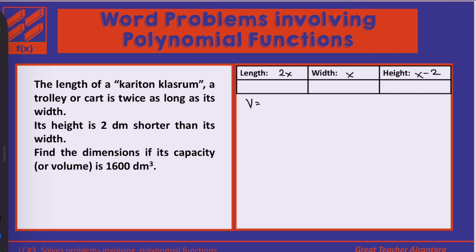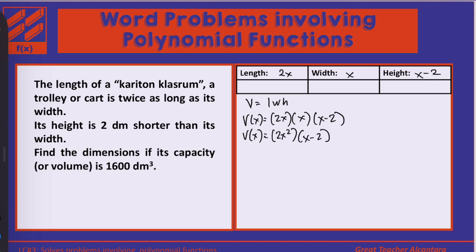Same, volume is length times width times height. V of x, for example, you have your length as 2x, width as x, height as x minus 2. V of x is equal to 2x times x, that is 2x squared, times x minus 2.